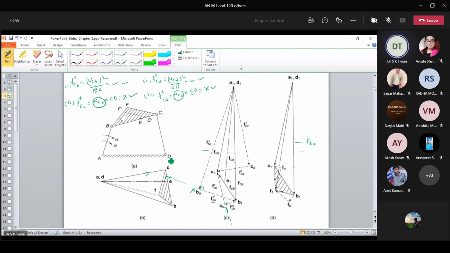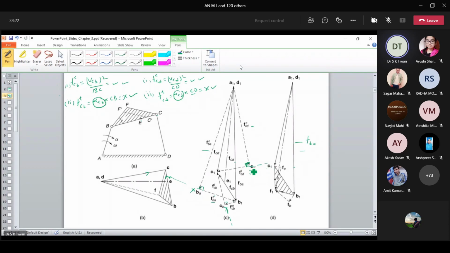Now, first of all, I will be plotting CD. For CD is the center of rotation, therefore the centripetal component, whatever its length will be, will start from D and move parallel to CD in the downward direction, which it has shown. Okay, let this be the point Z, up to where you have drawn it. The second component, which is tangential, you know should be perpendicular to the centripetal, the radial component.